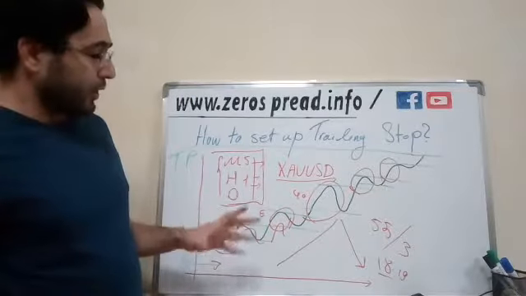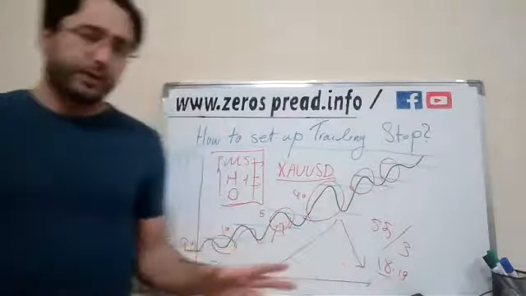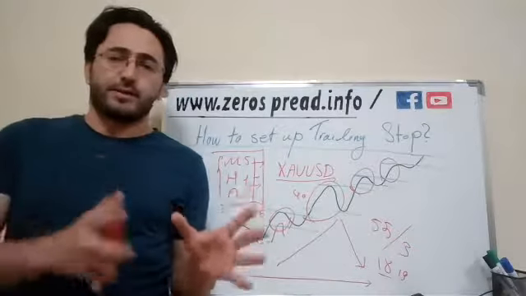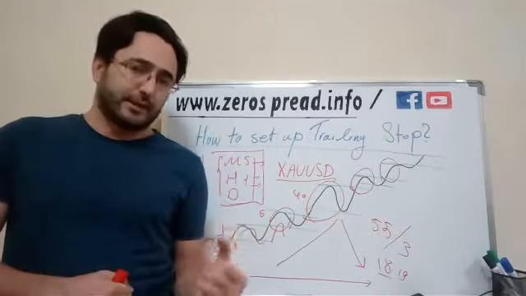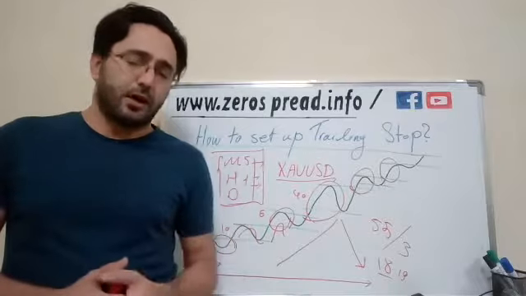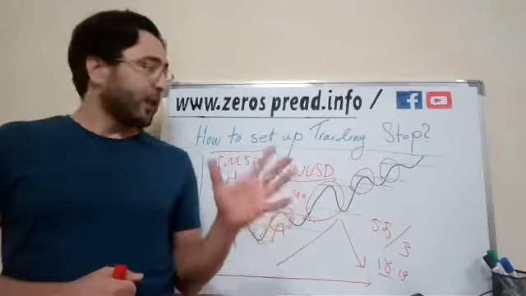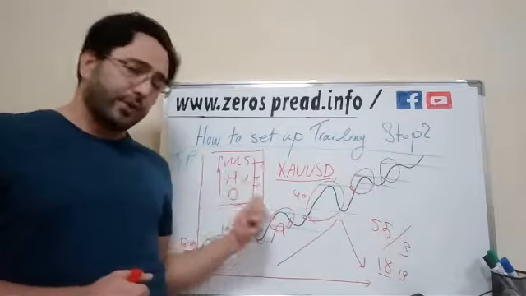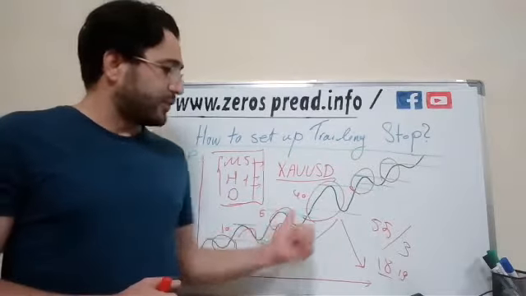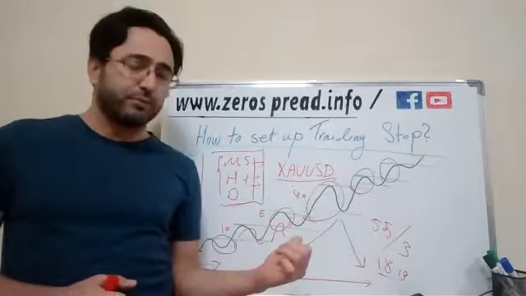So, to find the best point to select in your trading stop when you are setting it up, first check your time frame and then check the waves you had in previous movements.